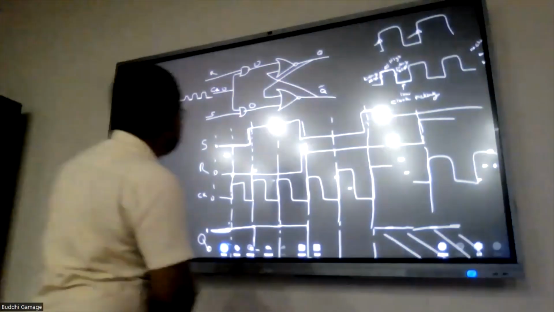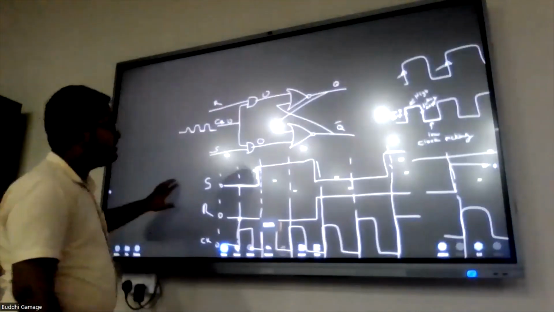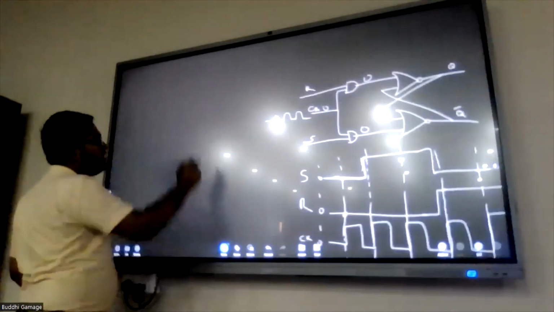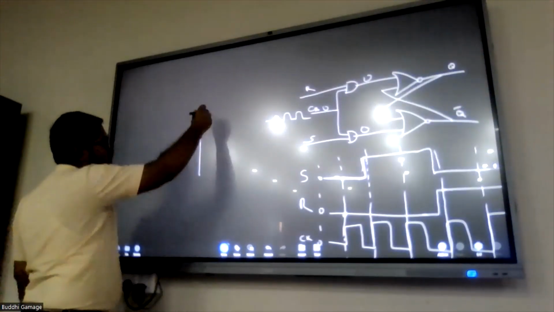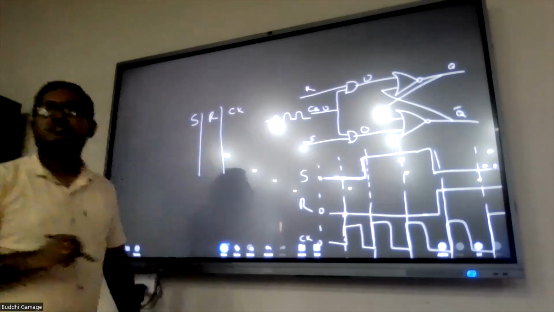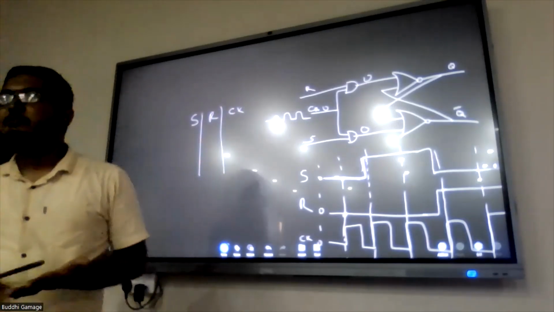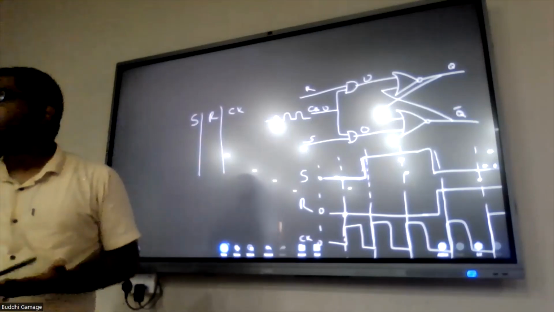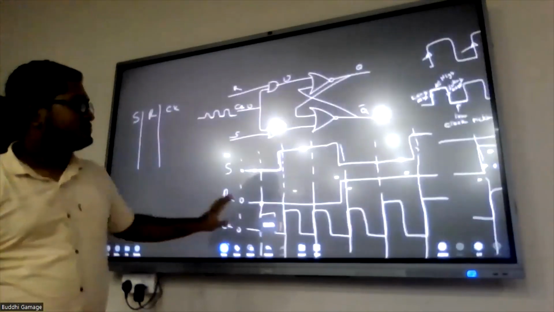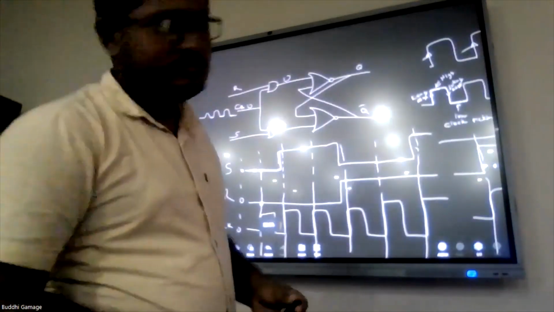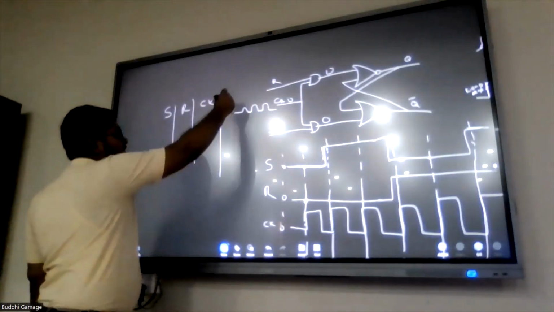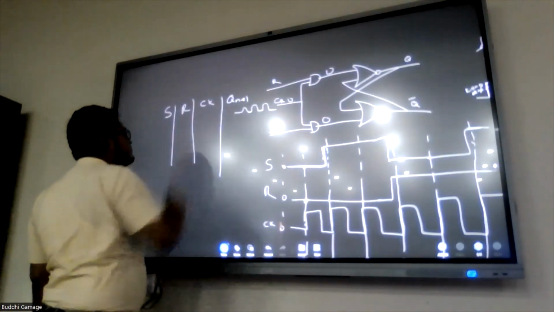So you can draw the truth table for this one with S, R, and our clock. So that means 3 variables, that means 8 occurrences, right? And Q(n+1).